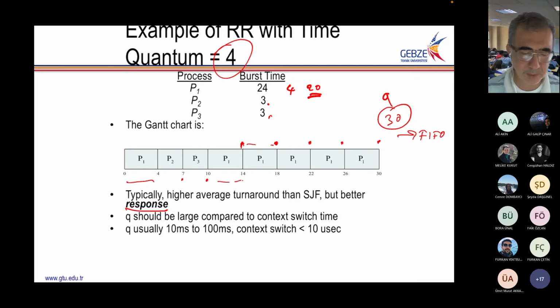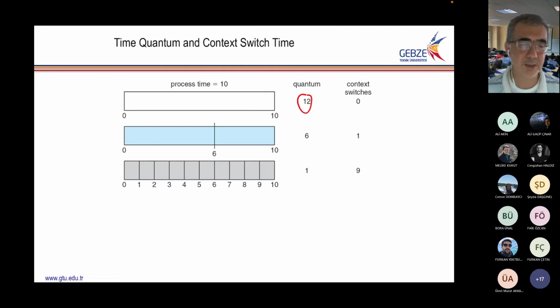So when the quantum is big, the number of context switches becomes very small or zero. As the quantum decreases, the number of context switches increases. If the quantum is too small, there are many context switches.